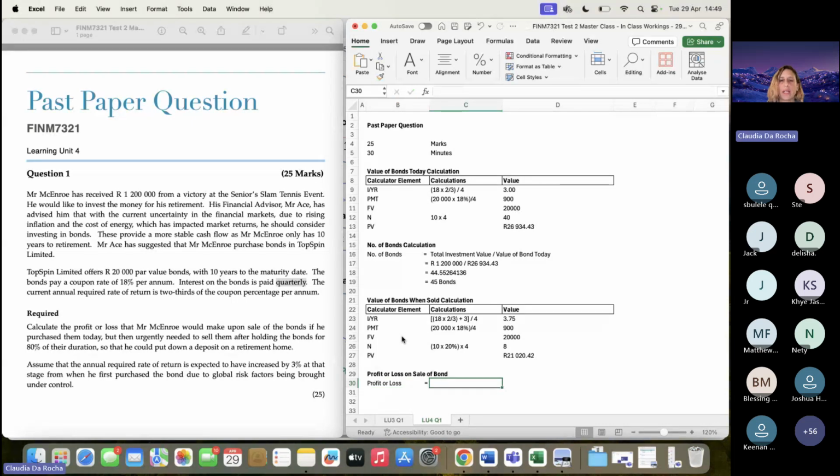It's going to be the value of bond when sold less the value of bond when purchased, or today.